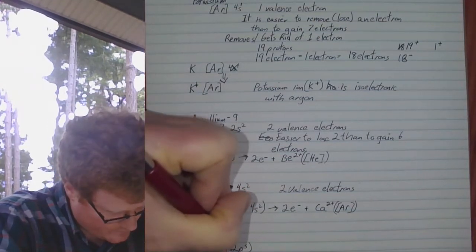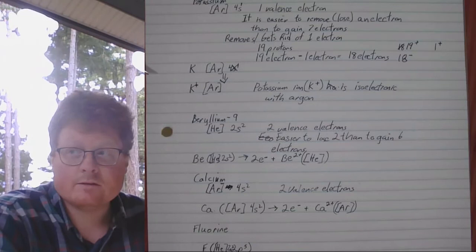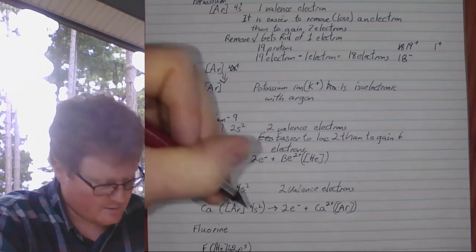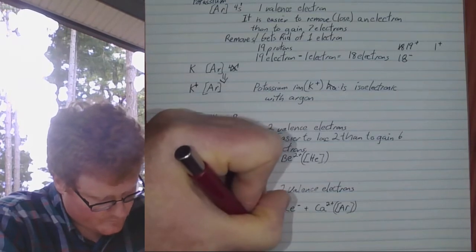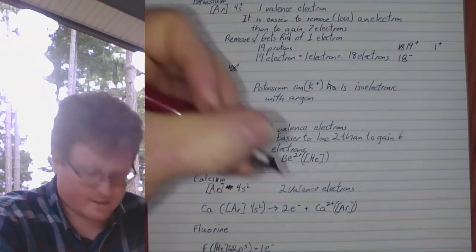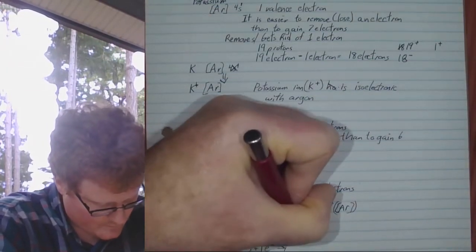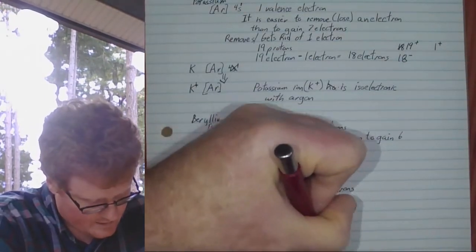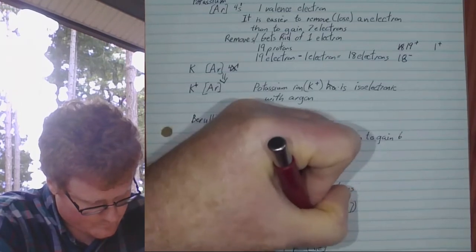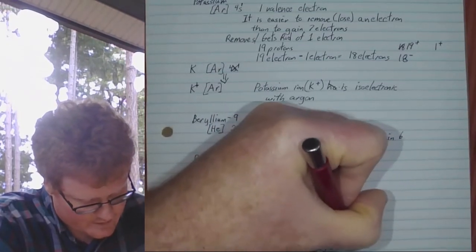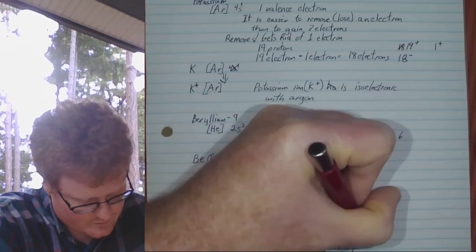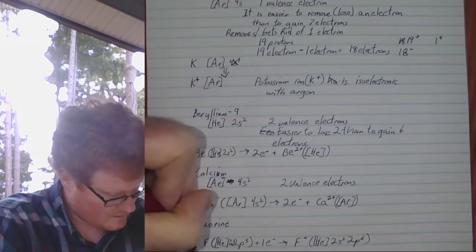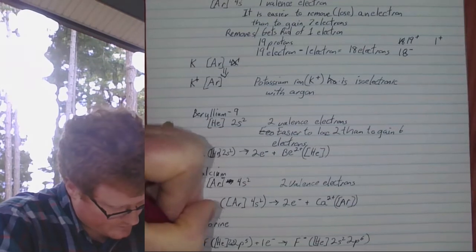Sorry, 2s2 2p5. So it has 7 electrons. It wants 8. It's going to pick up 1 electron. It's going to become fluorine minus, and it's going to have a helium, and then 2s2 2p6. Let's try oxygen.